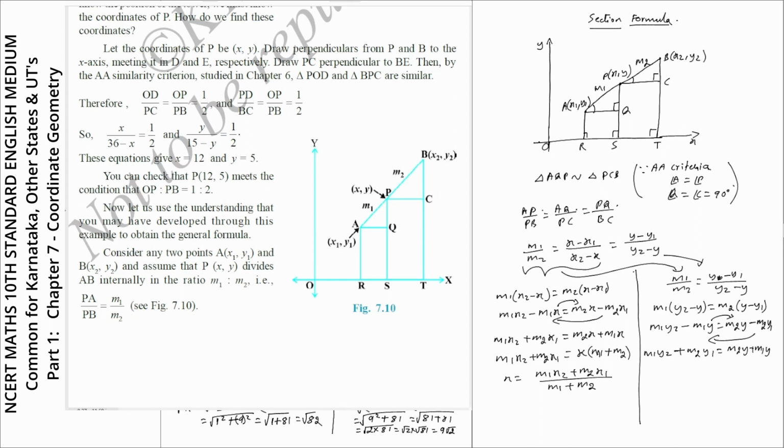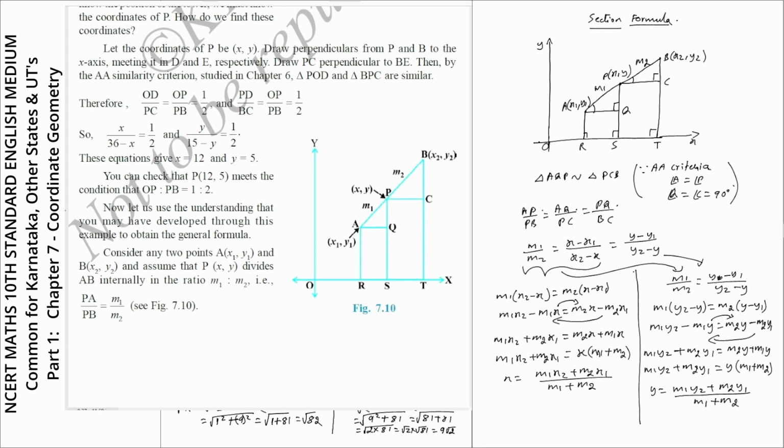Now m1 y2 plus m2 y1 is equal to, here I'll take y as common factor, y into (m1 plus m2). Now if I solve for y, I'll get y is equal to (m1 y2 plus m2 y1) divided by (m1 plus m2).